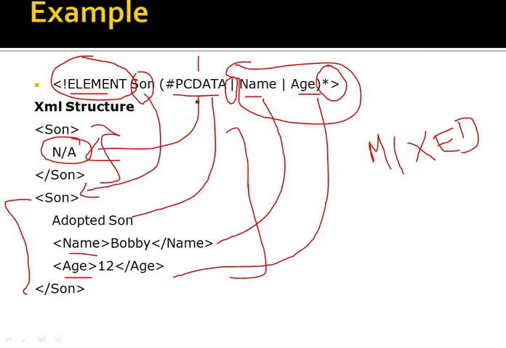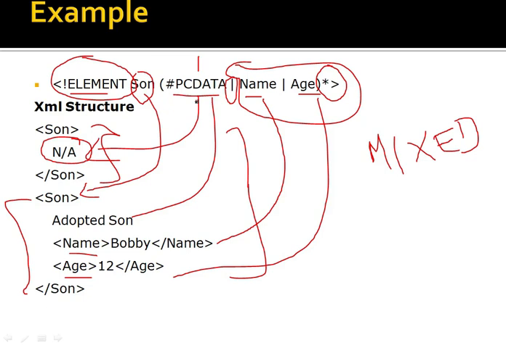So with this I will stop. Today we have discussed the DTD. So what is DTD? The DTD defines the structure and the legal elements and attributes of an XML document. It defines the structure of an XML document.